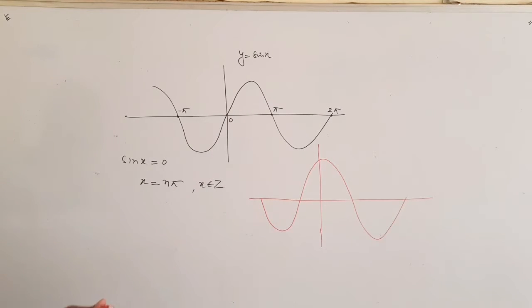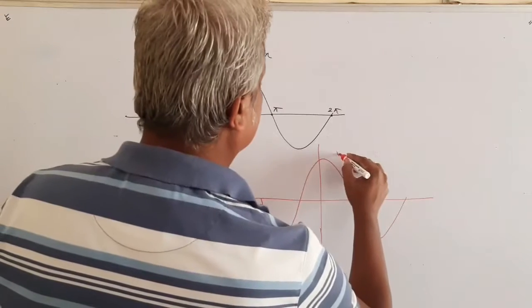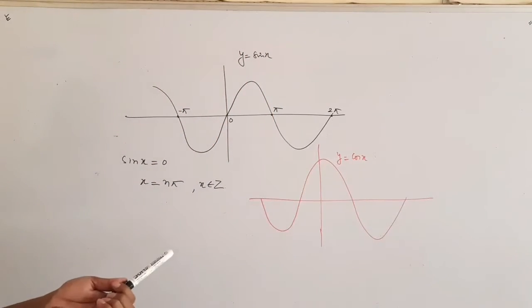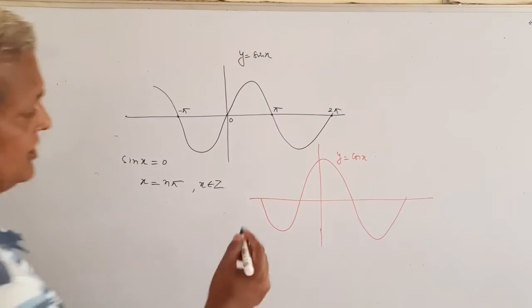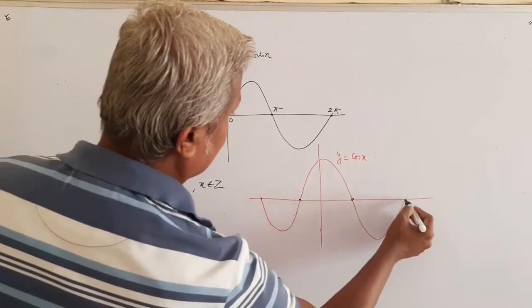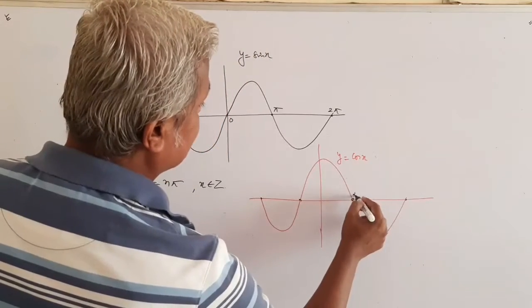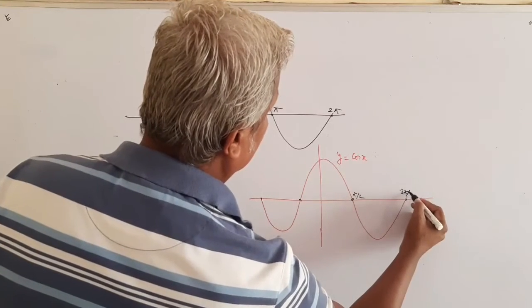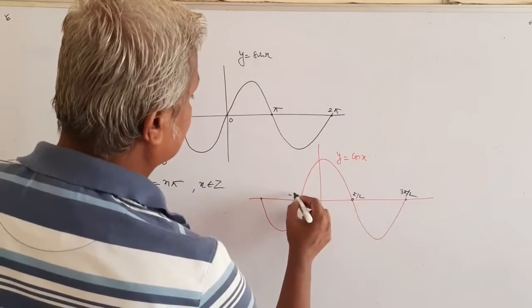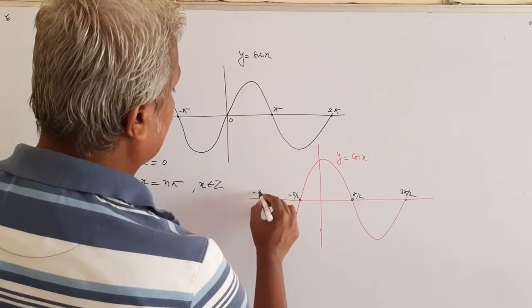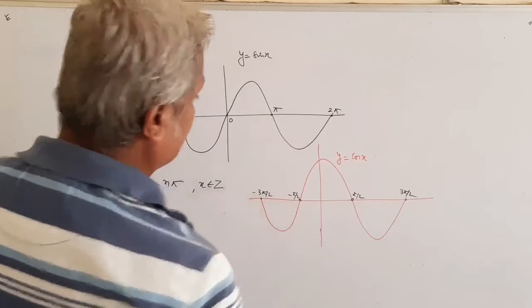So if you see the graph, this is y equal to cos x. Now where cos x is 0: here it is 0, here it is 0, here it is 0, here it is 0, and these values are pi by 2, 3 pi by 2, minus pi by 2, minus 3 pi by 2.